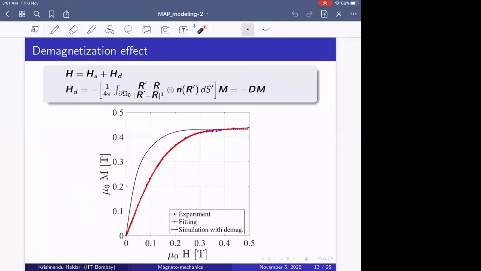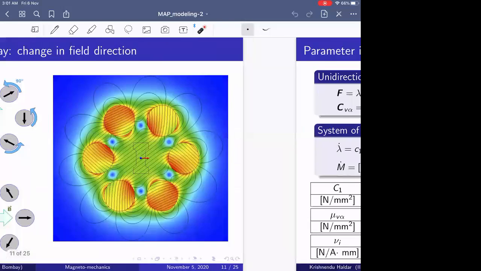for parameter identification, we considered here the demagnetization effect. That is a really annoying thing for magnetic material. Our Halbach array produces a uniform magnetic field inside the space we are considering here.